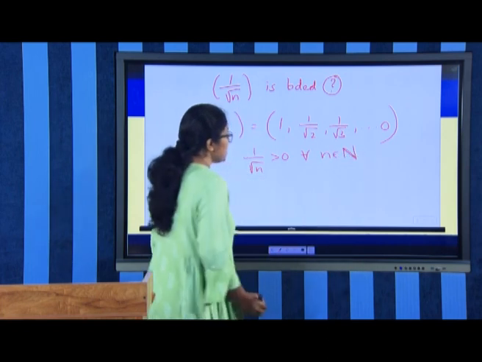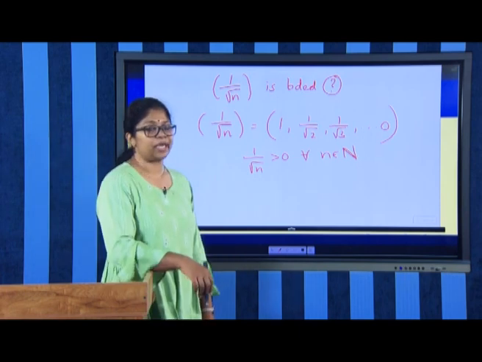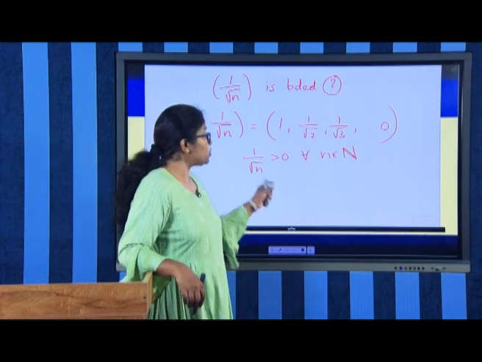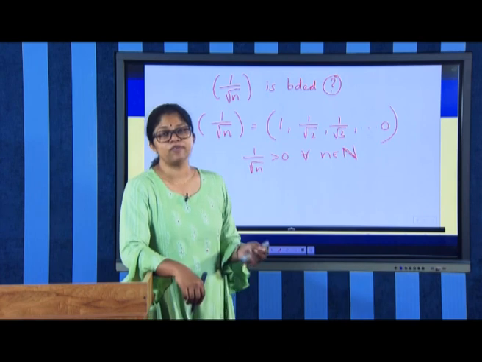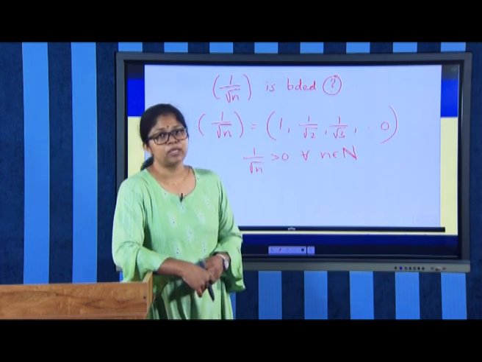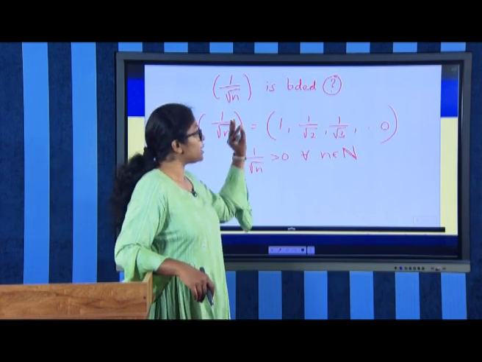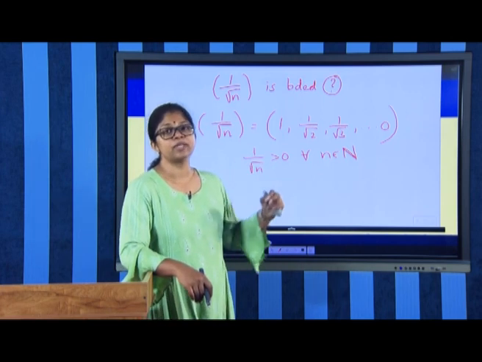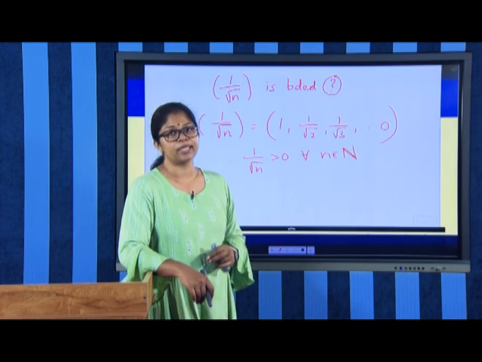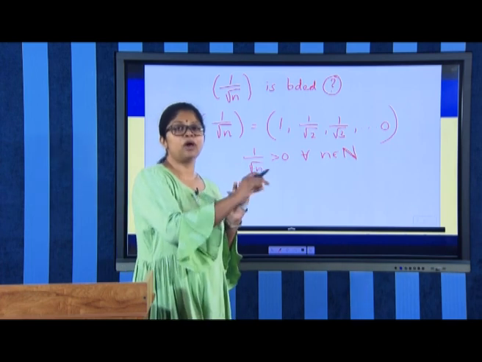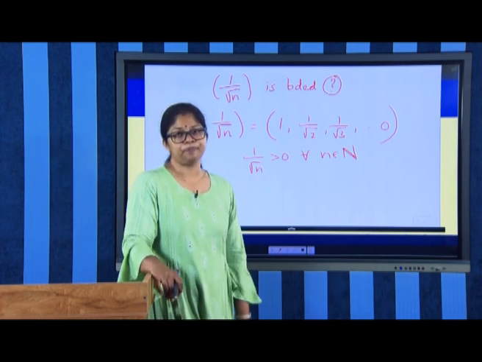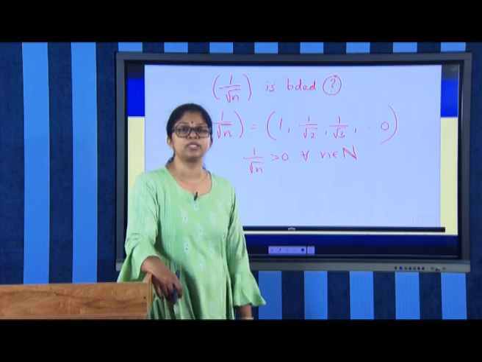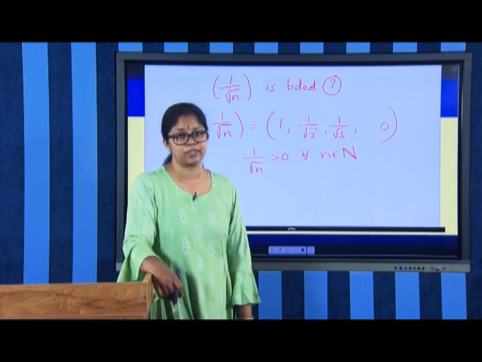Obviously a question may arise in your mind: square root of n can have both positive as well as negative values. In the case of a sequence, it is a one-to-one correspondence with the set of all natural numbers. So, either it will be completely positive or it will be completely negative. Otherwise, square root functions cannot be considered as functions.